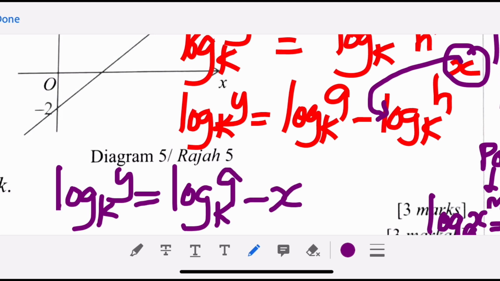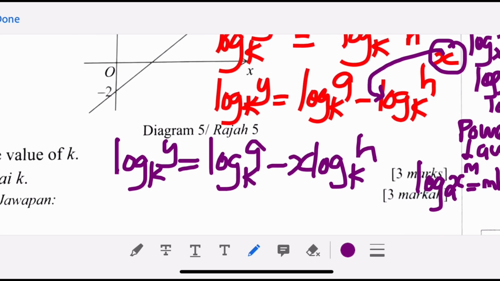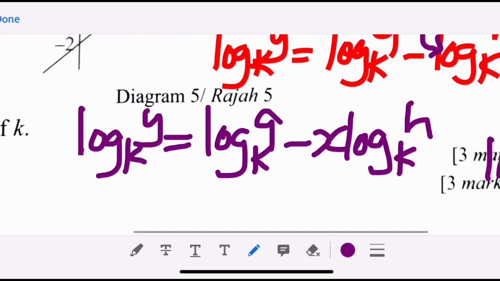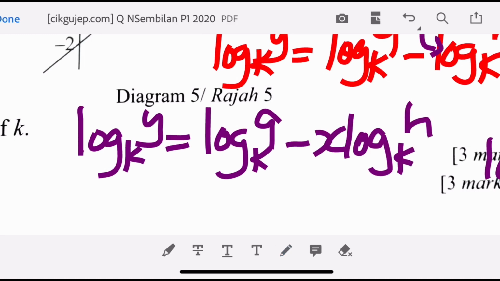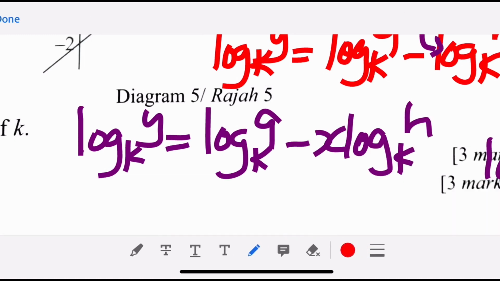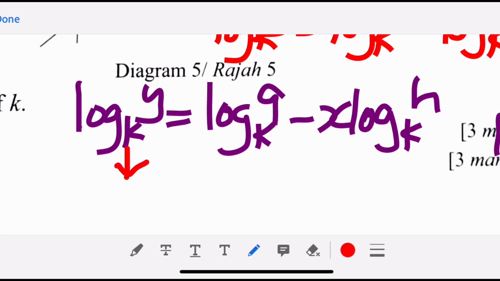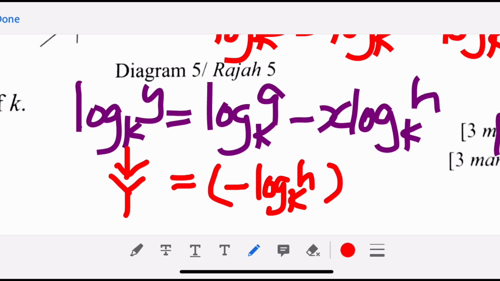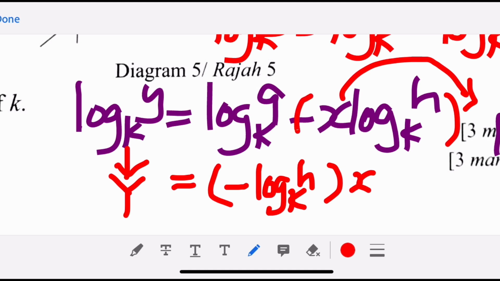So normally we will try to arrange in order until the equation is in the shape of y, terms that consist of small y, with the m being a constant number, followed by x, and then plus the constant. So that means log ky is the big Y, and log base k 9 is the c, and the x you have to bring to the right hand side.